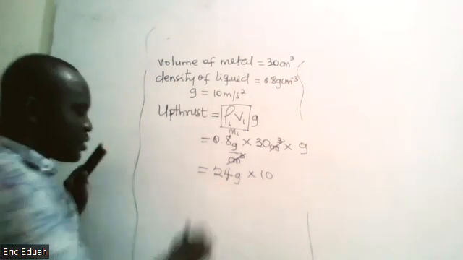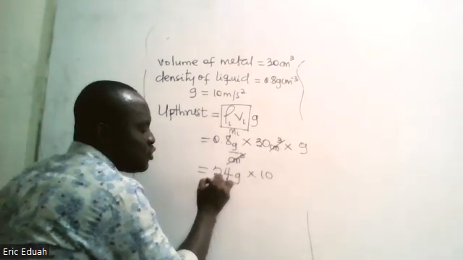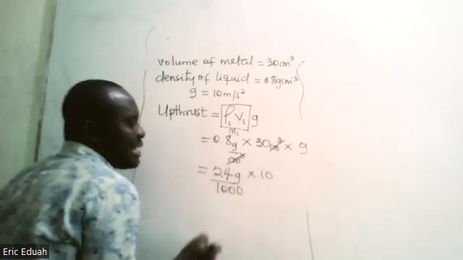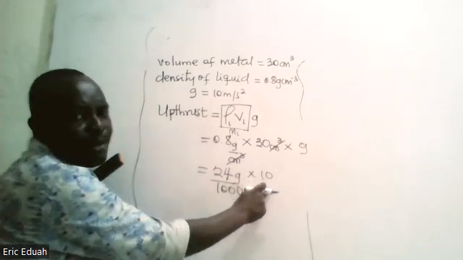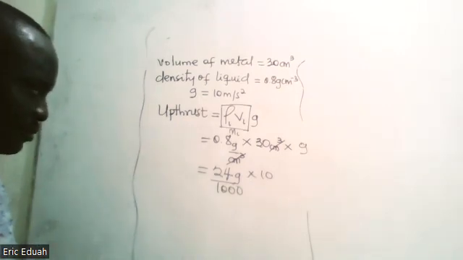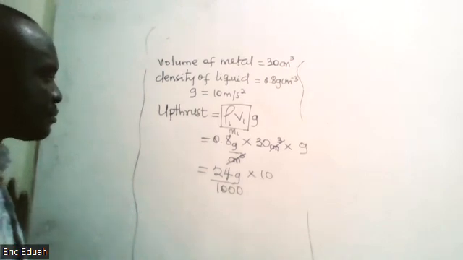If I convert 24 gram into kilogram by dividing through by 1,000, then I can confidently multiply by 10. Why is it not 24 grams squared?